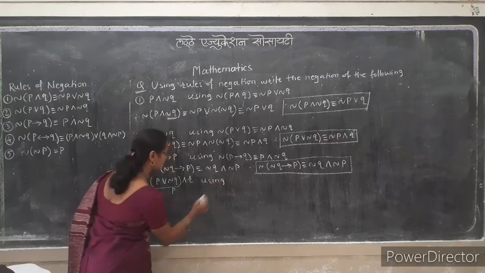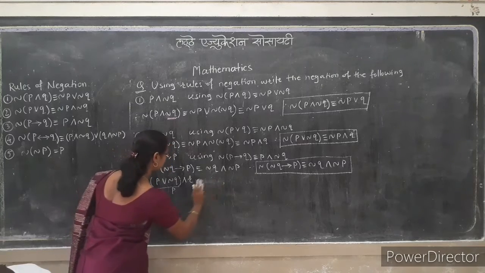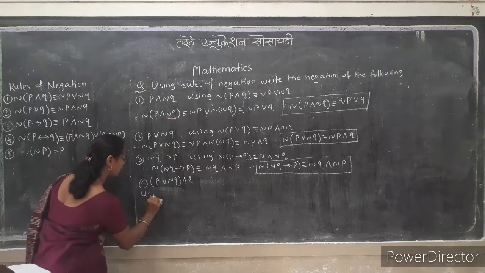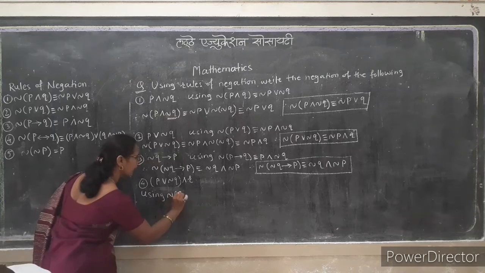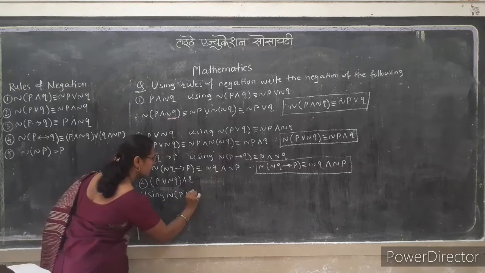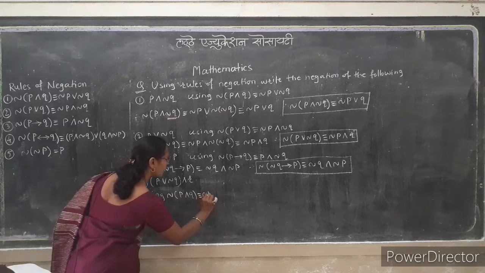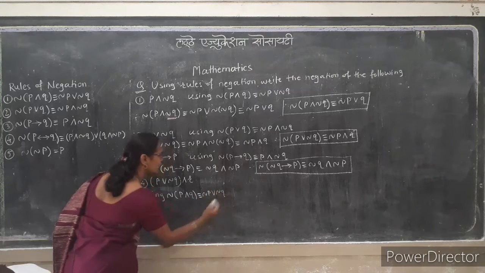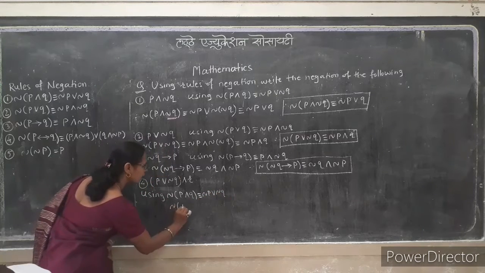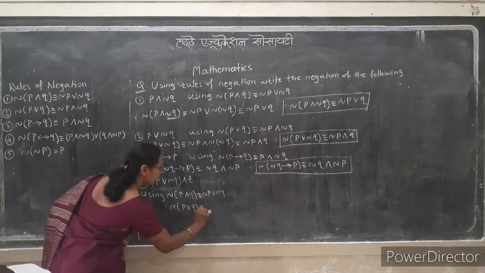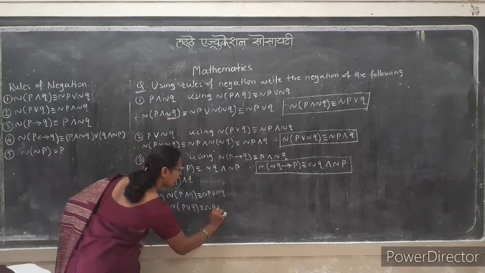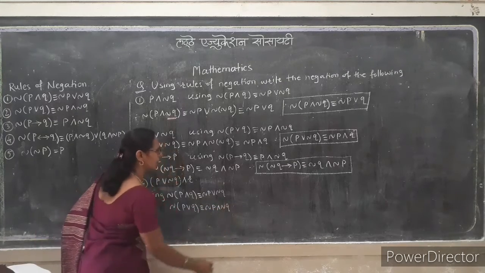Therefore for the fourth example, we use the results: ¬(P ∧ Q) is logically equivalent to ¬P ∨ ¬Q, and second, ¬(P ∨ Q) is logically equivalent to ¬P ∧ ¬Q.